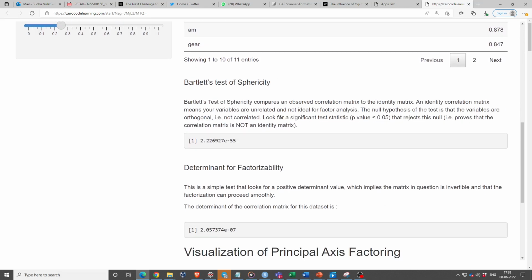Next, the test of sphericity: is the observed correlation matrix significantly different from an identity matrix or not? This is the p-value. Clearly, the lower the p-value, the more the confidence. This is very strongly not an identity matrix, so we are fine. We basically look for p-values which are 0.05 or less. This is pretty much 0 for all practical purposes.